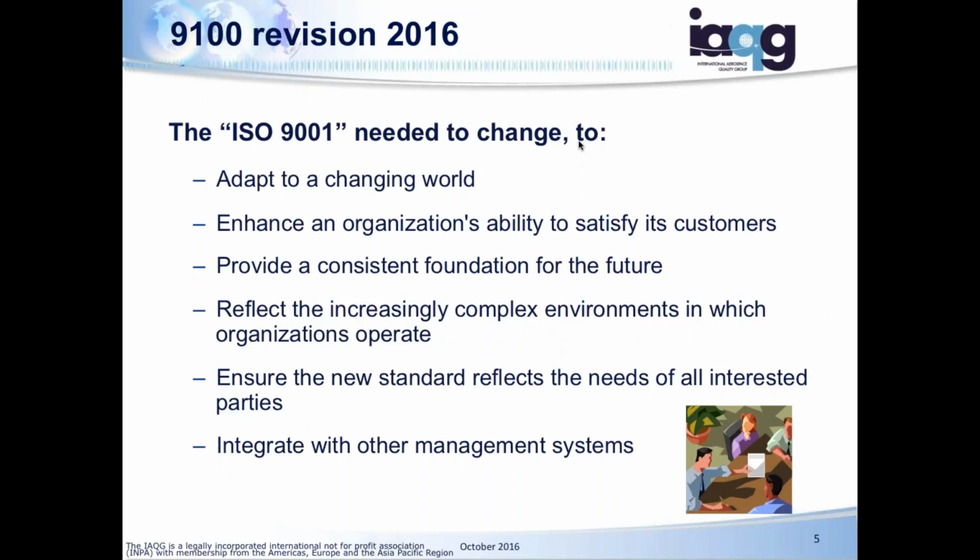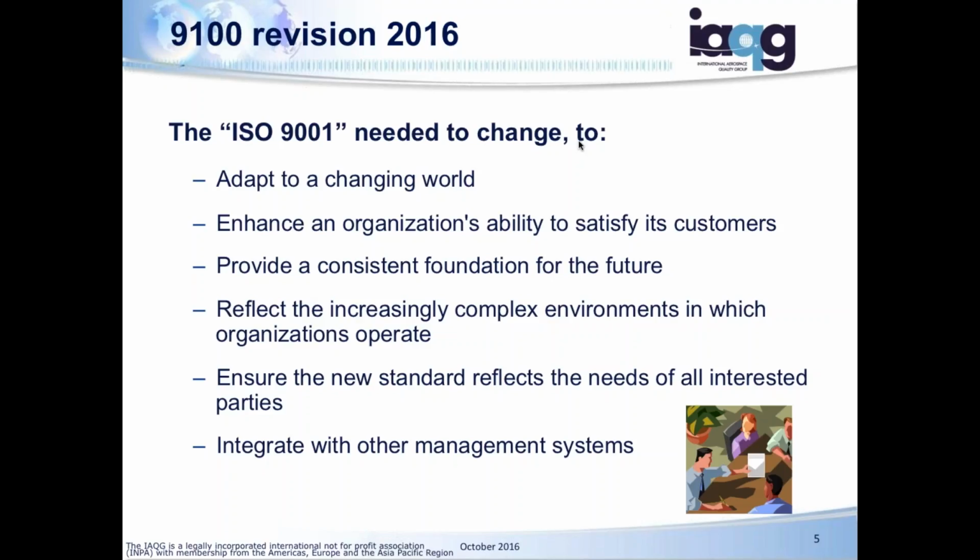There's still the focus within the standard on satisfying customers, customer satisfaction, and the process approach. What we're hoping is that ISO 9001:2015 provides a consistent foundation for the future. What we're hoping is that this structure that we'll go over today is consistent moving into the future, so it'll be good for another 15 years.